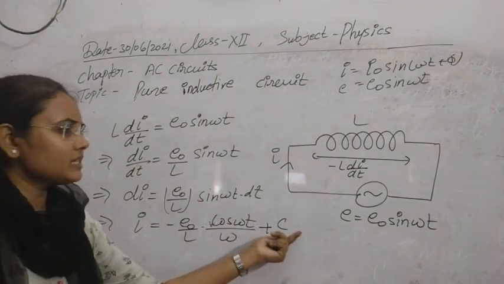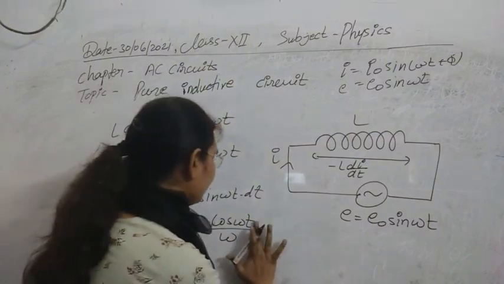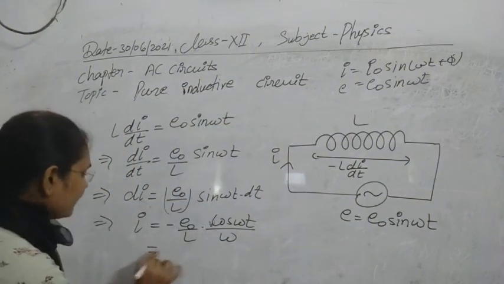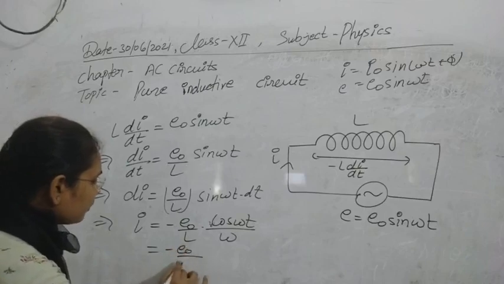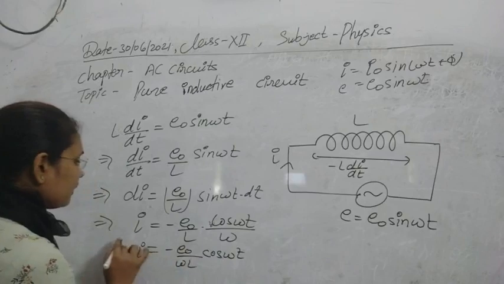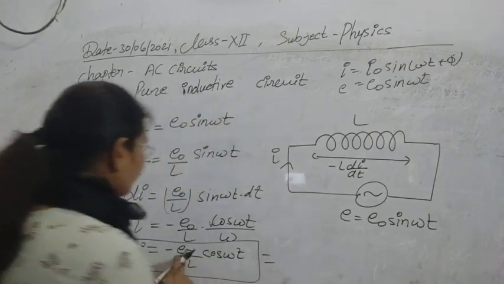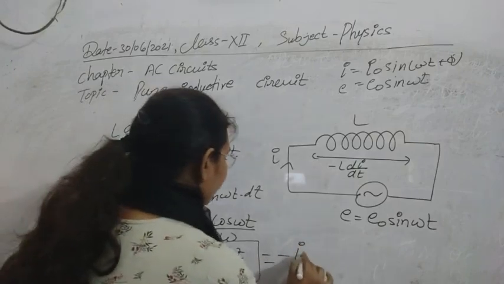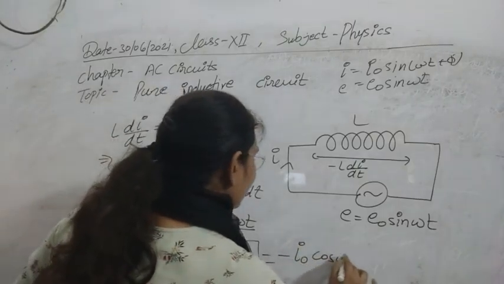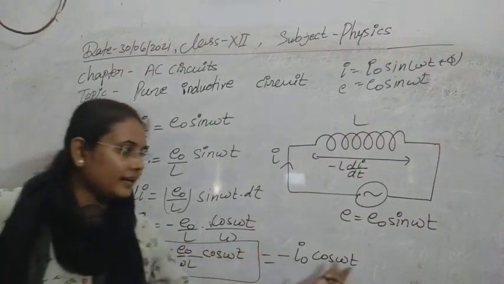If you see the value of c, that will also be 0. So directly let me just erase it. Finally we can write E0 upon omega L, cos omega t, this is I0. Or in place of this we can write minus I0 cos omega t. So this is the value of the instantaneous current at any instant t.